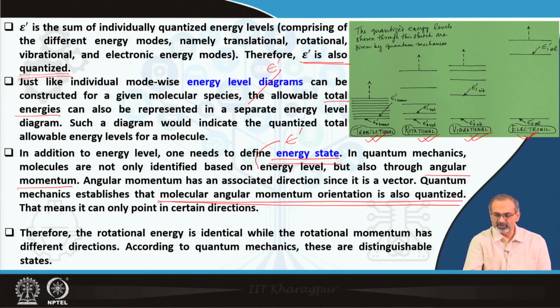quantum mechanics, which means that if you have a diatomic molecule, then you may have an omega vector pointing this way, another omega vector pointing this way, and there are such finite number of angular momentum vectors that you can talk about, which are all quantized forms.